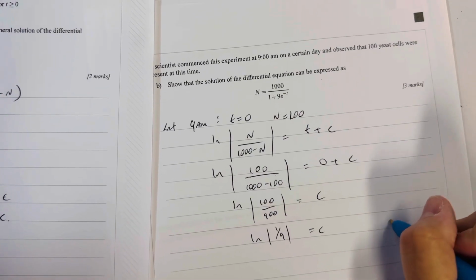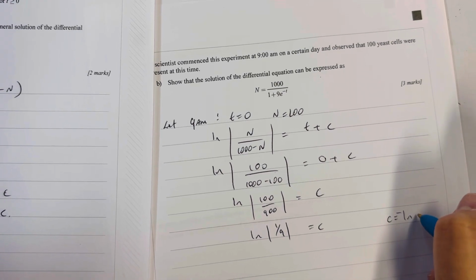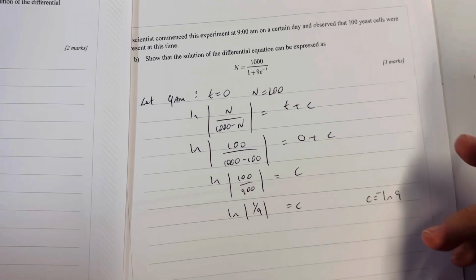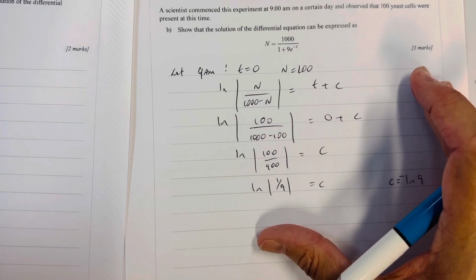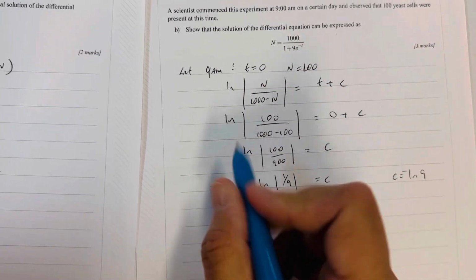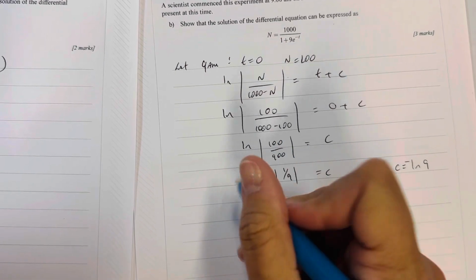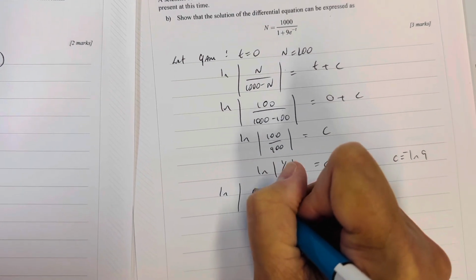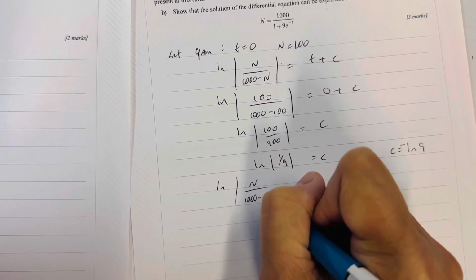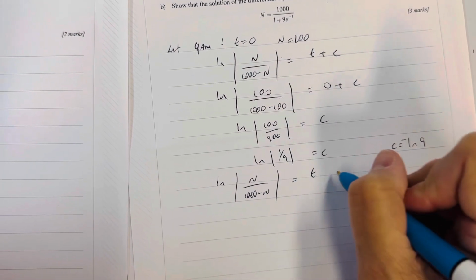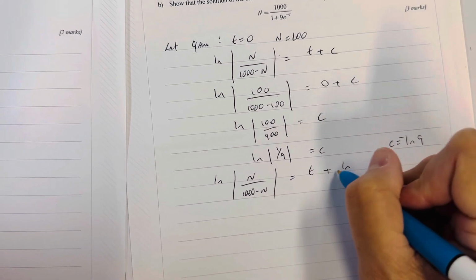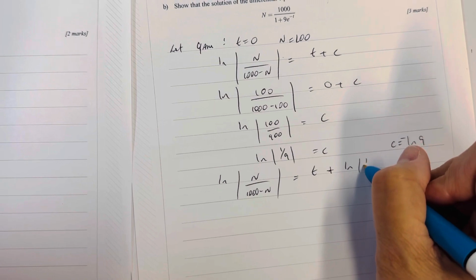Depending how good you are with your logs, you could do negative ln 9 too. So we've worked out c. So let's go back up here. We're going to go ln(N over 1,000 minus N) equals t plus ln 1/9.